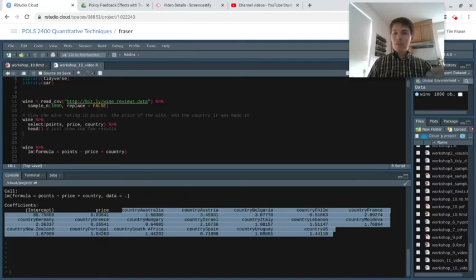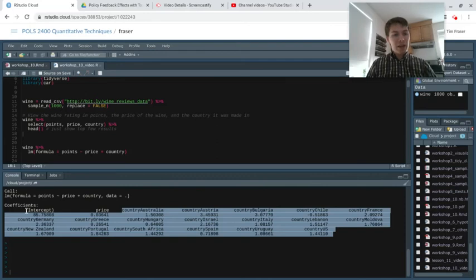Theoretically. So what this model does is it takes one of those categories, the one that comes first alphabetically, and makes that the intercept. So, if I remember this correctly, Argentina is actually the baseline country. And that's why we don't see Argentina on this list, even though it's one of the categories. Argentina has become the baseline by default because it comes first in the alphabet among this list of countries.